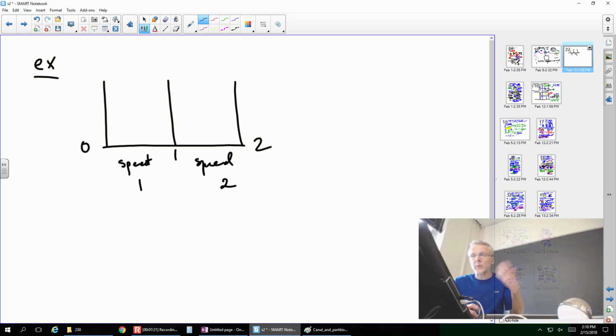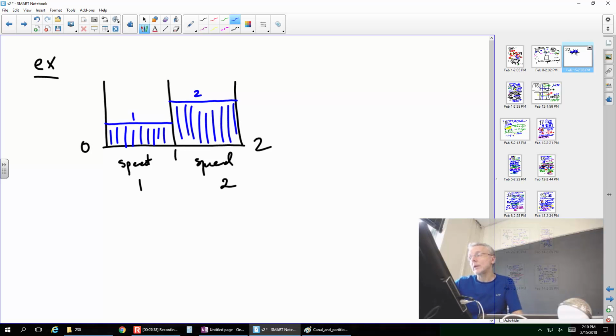You have 2 and 2. The speed is 1. If you want to visualize it, then this is it. 1, and this is 2. So visualize the speed, and then it exactly gives you the amount of water that has crossed each of the gates. So the total is, what is it? 1 times 1 plus 1 times 2.